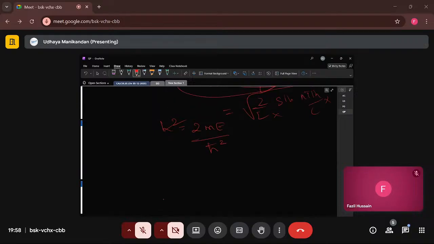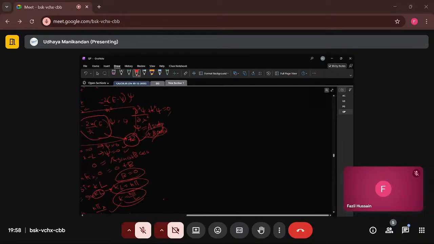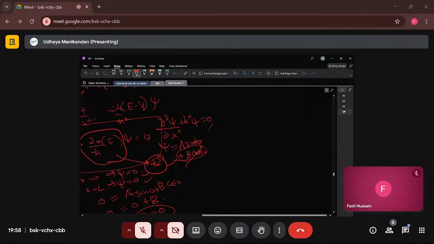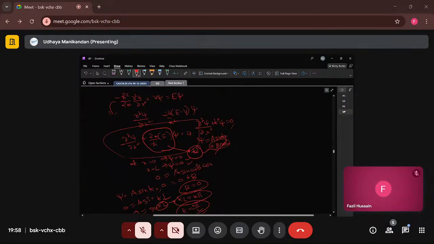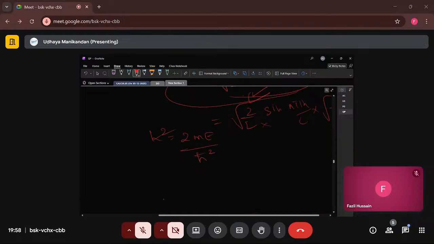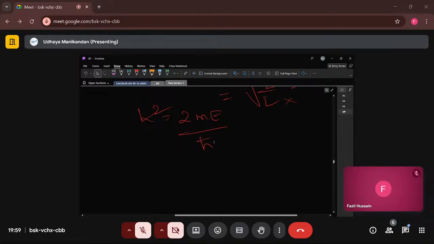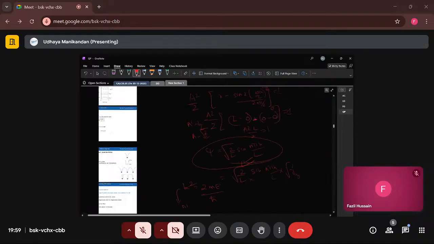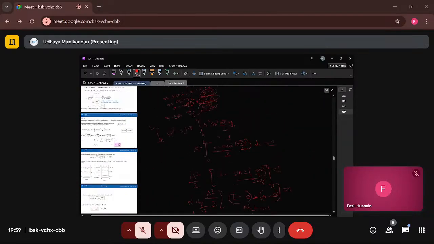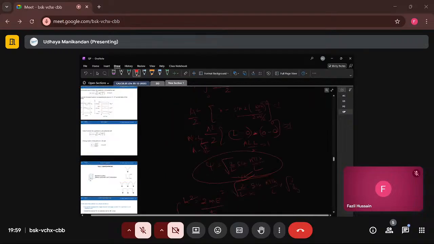I don't know if it is h cross squared or h, one second, I have to refer. H cross, 2mE by h cross squared. So this is what we had. Now, from the derivation, you obtained K's value as n pi by L, right?